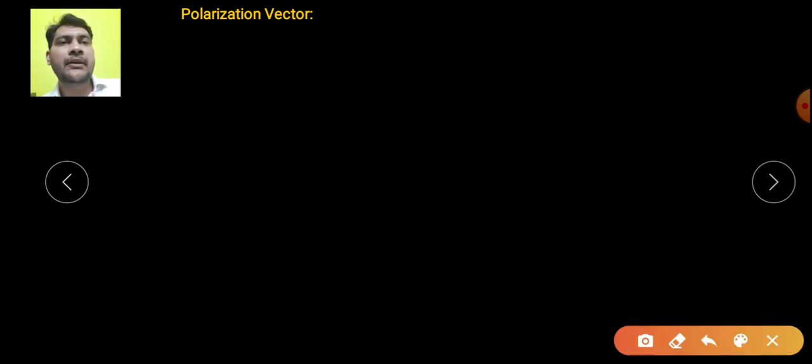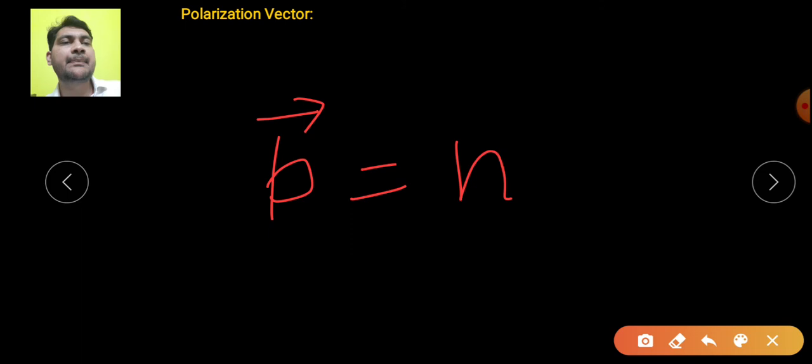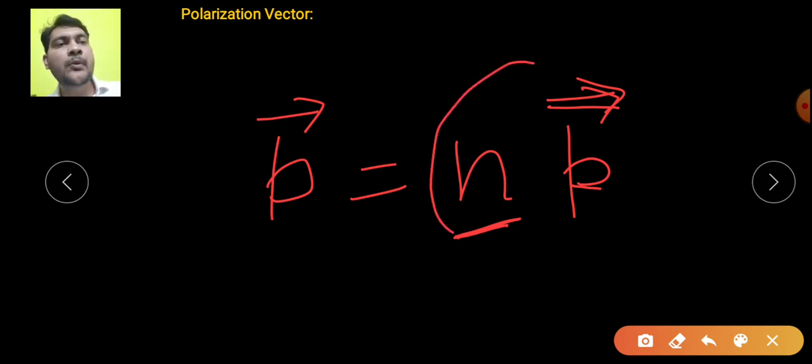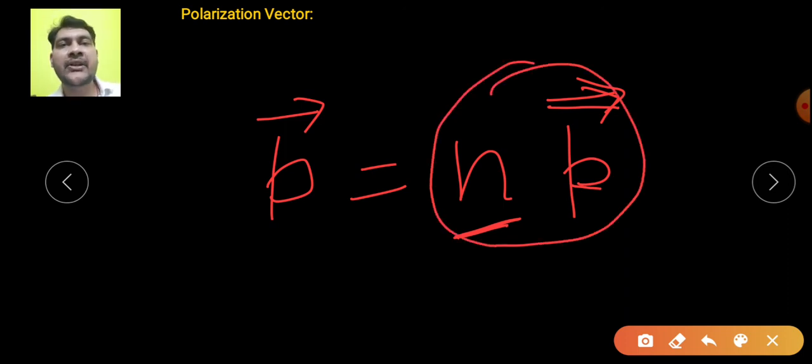Suppose there are n molecules and resultant dipole moment of n molecules is given by n multiplied by dipole moment of each molecule. Suppose there are n molecules per unit volume and P is electric dipole moment of one molecule, then total dipole moment per unit volume is given by this product n into P. P is dipole moment of one molecule and n is the number of molecules per unit volume.